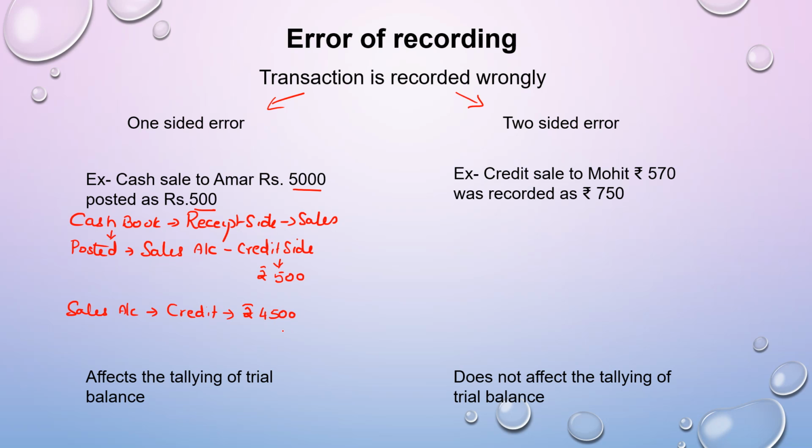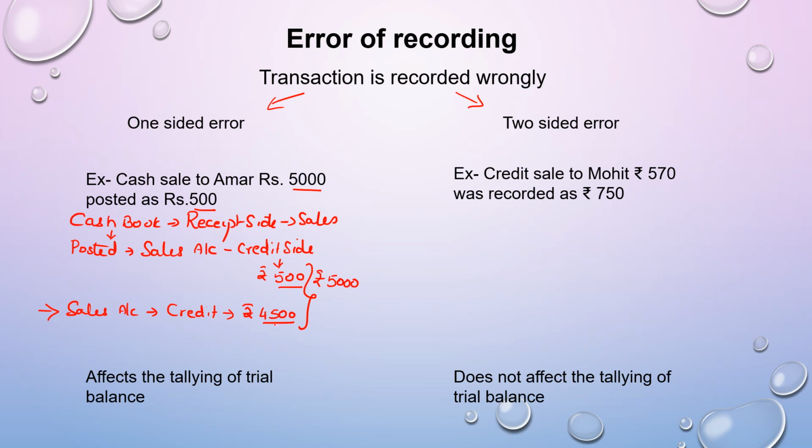Why 4,500? Because already you have posted 500 to the credit side. Now if you post one more 4,500, the total would become 5,000 rupees, which is the amount of cash sale that should have gone to the credit side. This would be the correction that you would be making in the sales account on the credit side. You would write by error in recording or short recording of the cash sale 4,500.